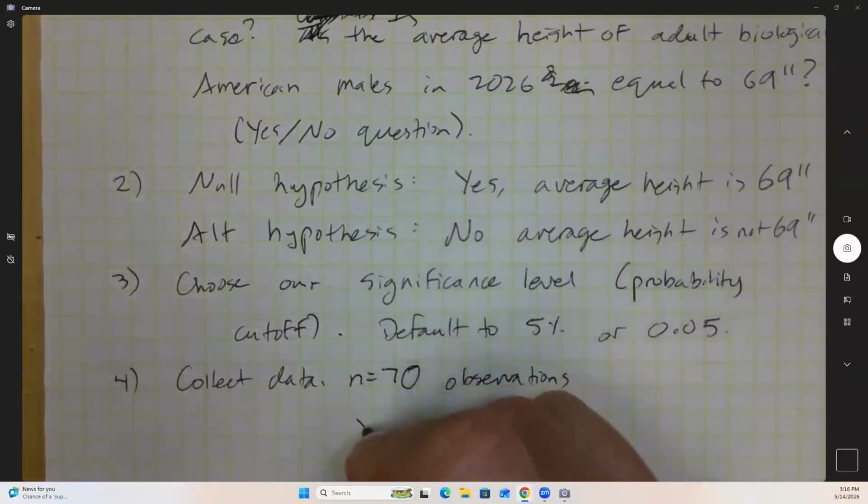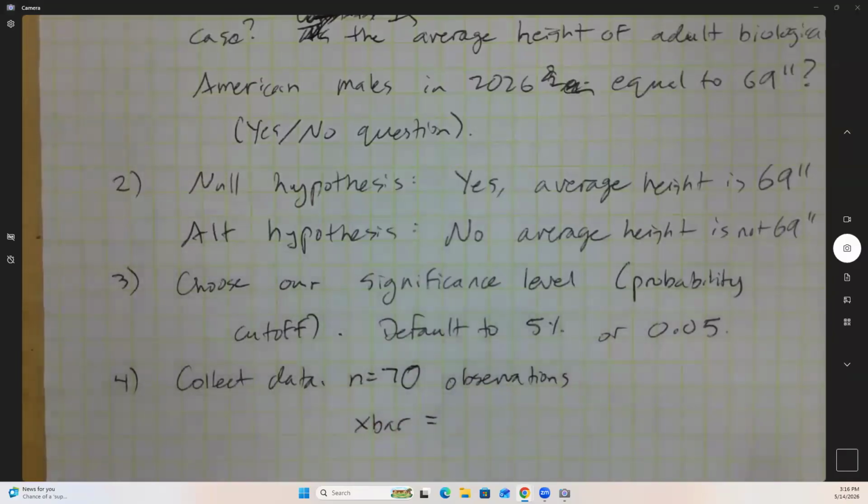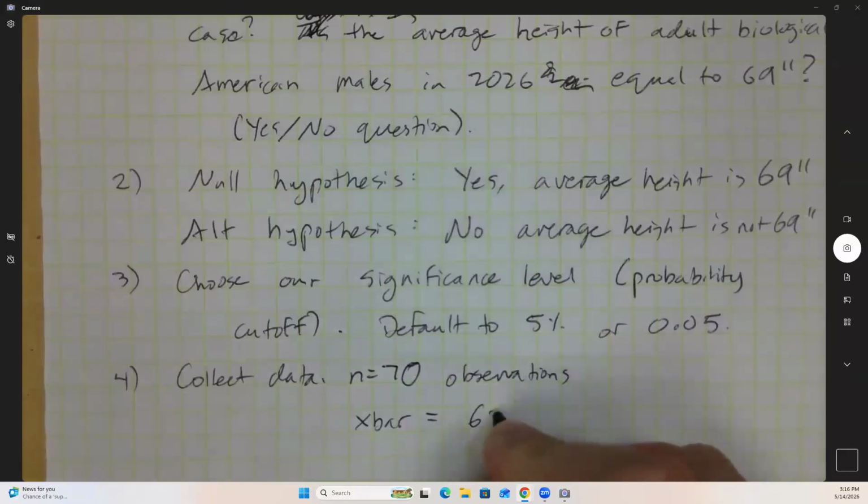And the sample mean X bar is 68.8 inches.